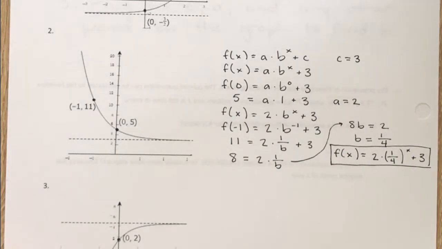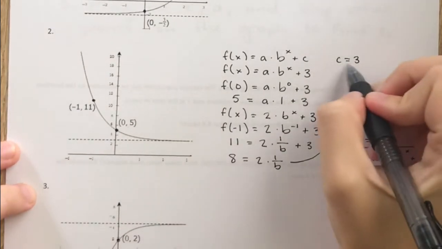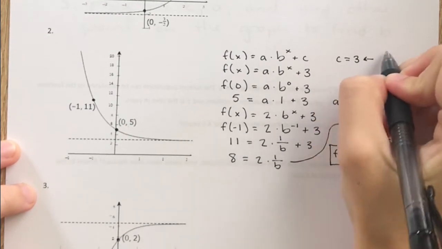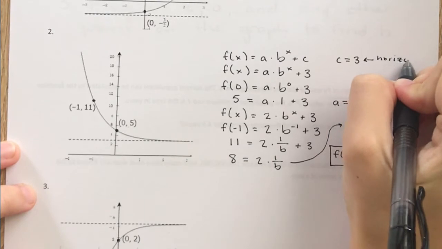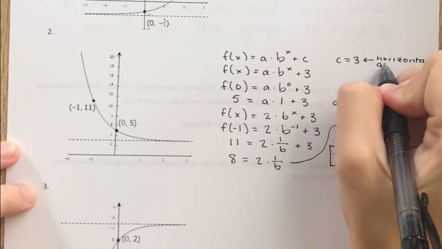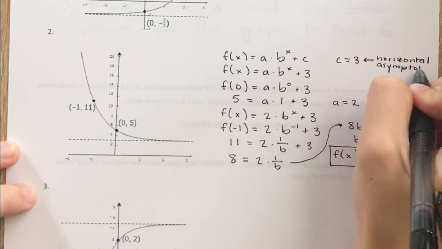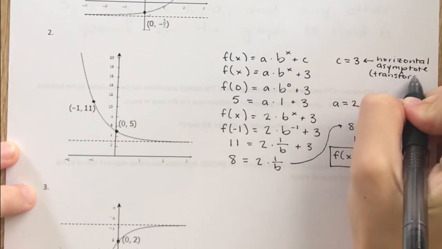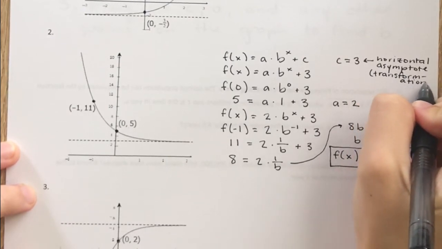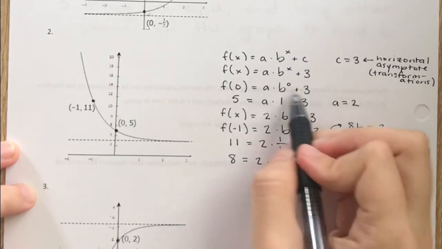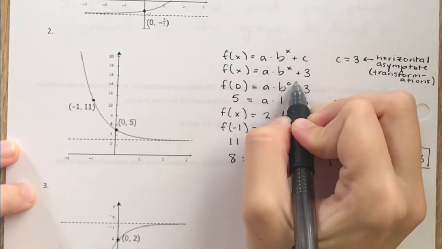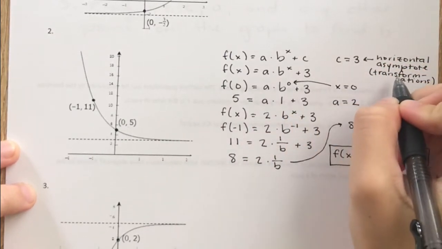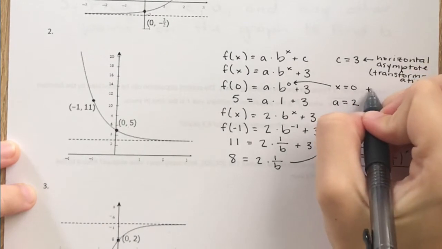Okay, so quick rundown of what we did. Remember, we found c equals 3 by using the horizontal asymptote. And we figured that out by thinking about transformations. To find a, we plugged in c, and also we let x equal 0 to get rid of b.